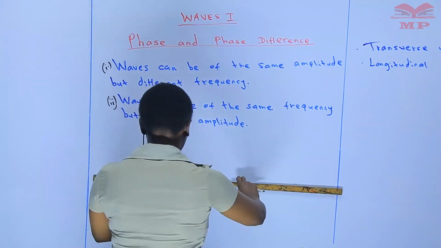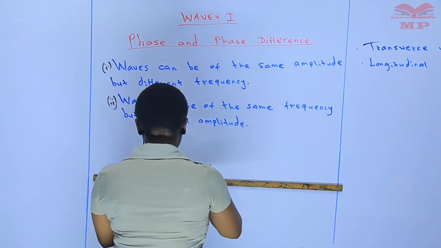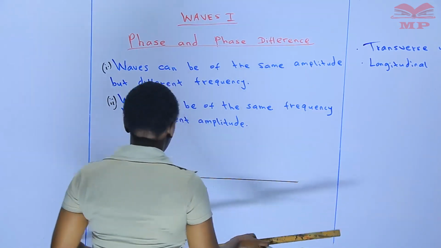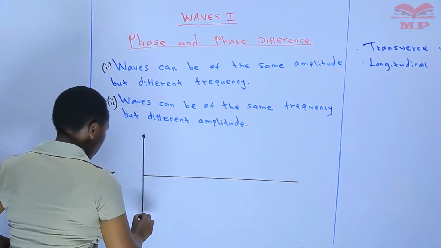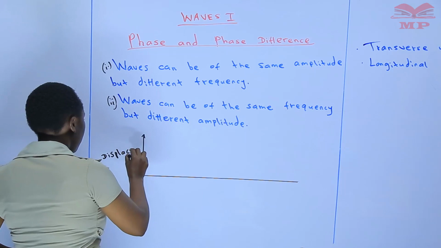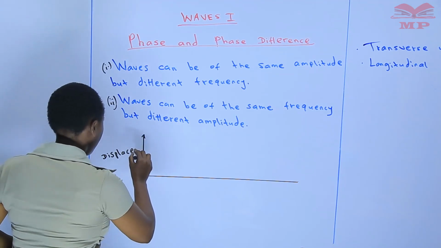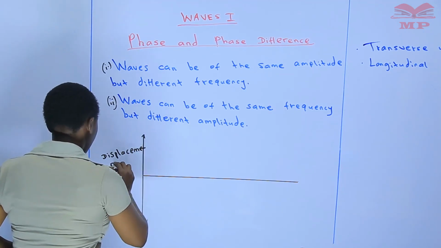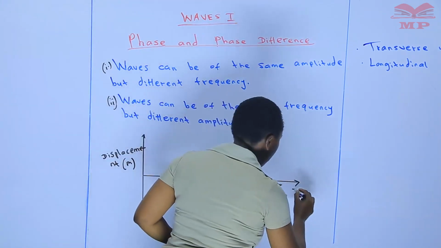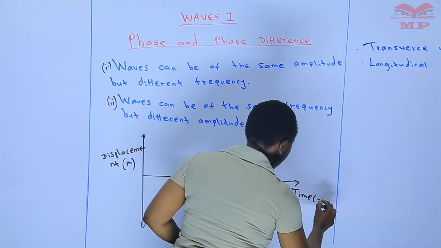We know what is amplitude, we know what is frequency, and therefore it becomes easy now to make a sketch. So we have displacement against time. We can give displacement in meters, and this is time in seconds.